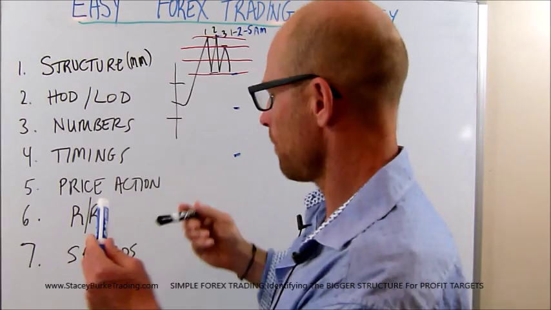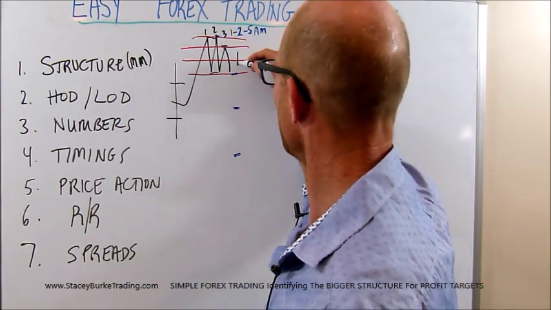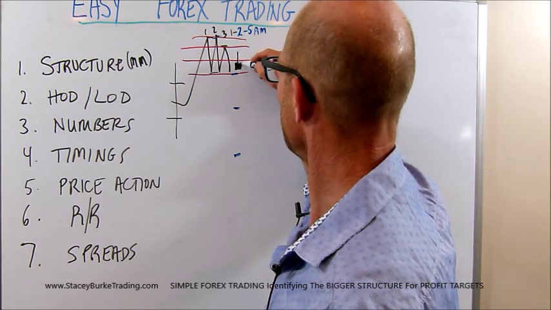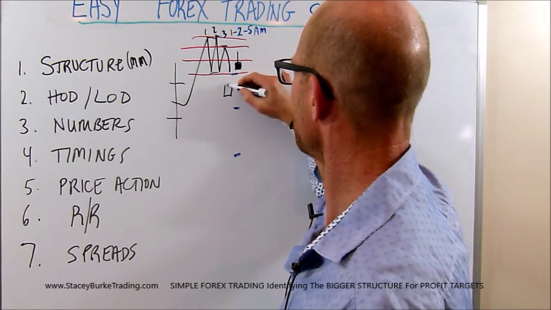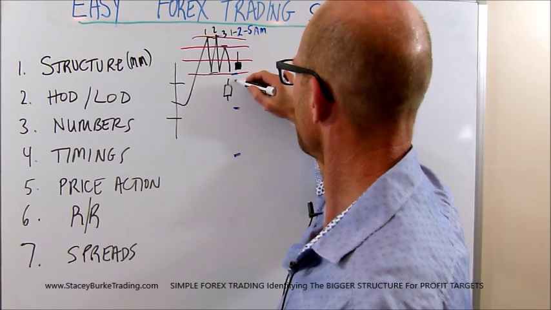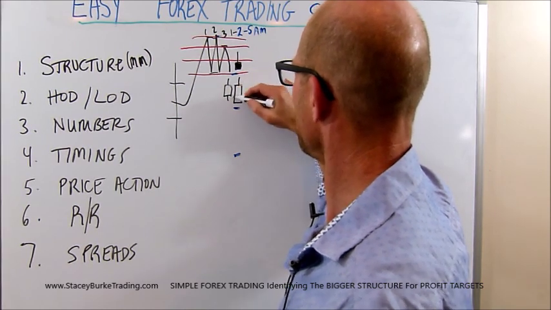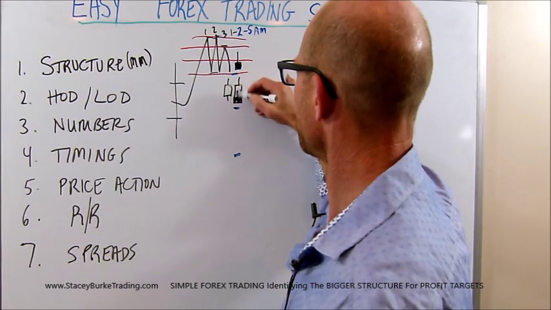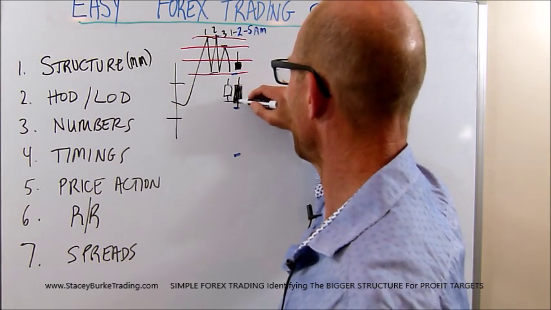Now, when we get these patterns, so for example, we might have a pin hammer on this third leg at numbers, or we might have an engulfment that completely reverses a previous candle on this third leg on a 3-touch pattern. This is a major reversal pattern.